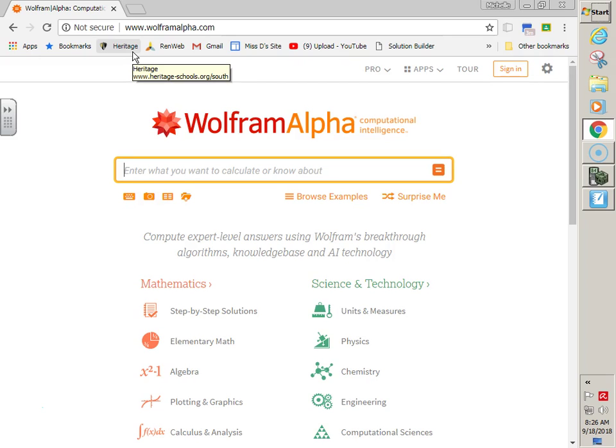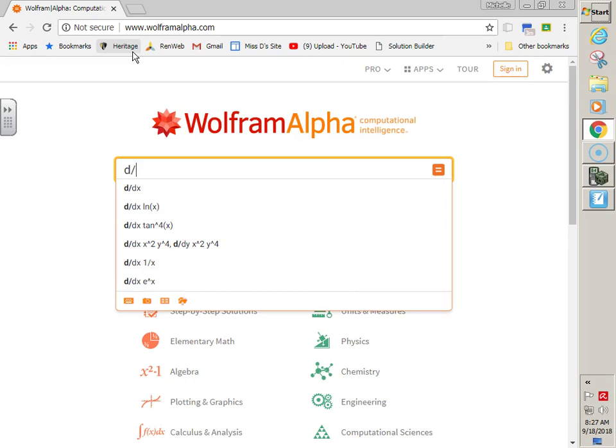Wolfram Alpha is a major computing engine that actually has this whole computer software called Mathematica. Lots of people use it in the higher maths and applications, etc. But anyway, cool thing about Wolfram Alpha is that it can do calculus.